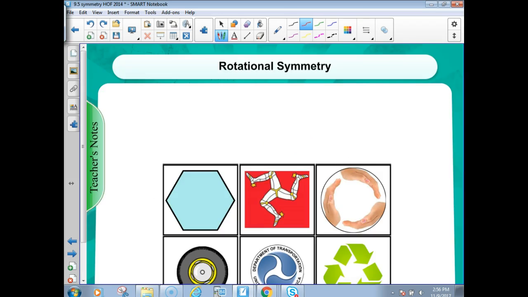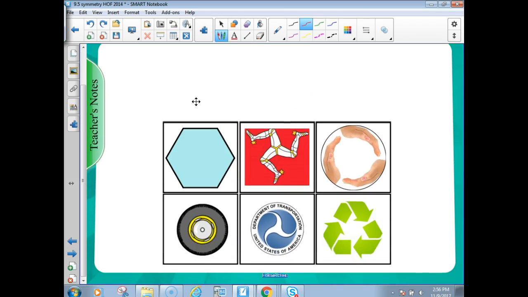We like symmetry. You see all these things? These are different logos. Do you know what that one means? Recycle, right? This one is some crazy symbol, I don't even know where that came from. It's a three-legged thing, but there are tons of symbols. This is the Department of Transportation.